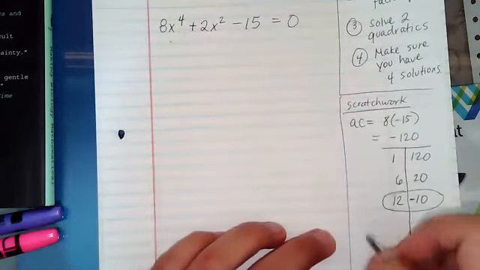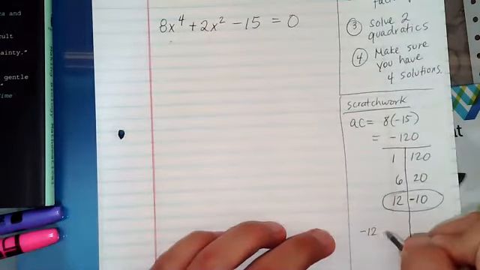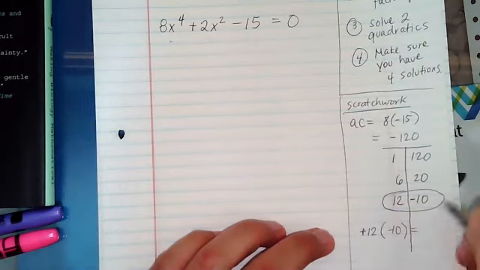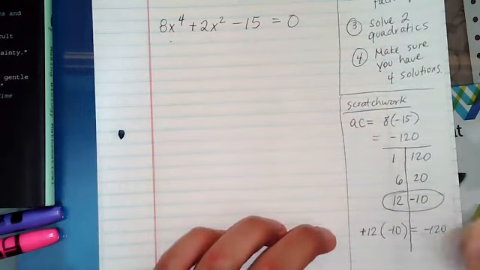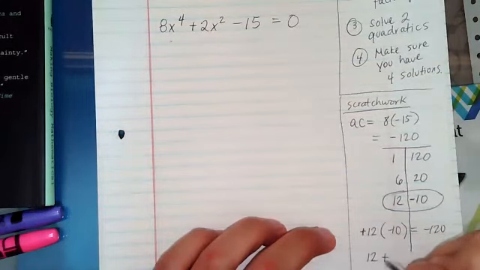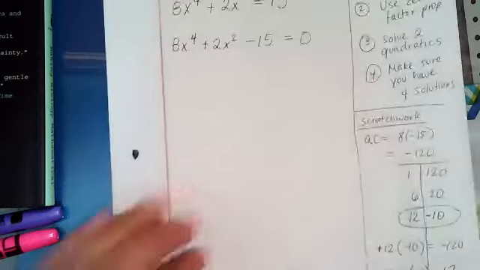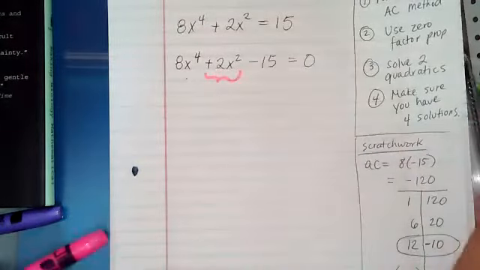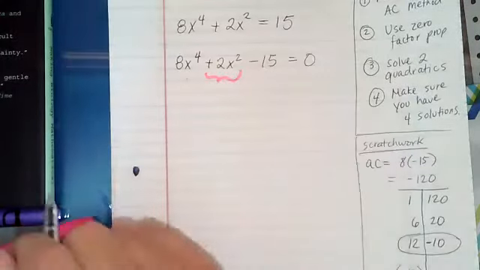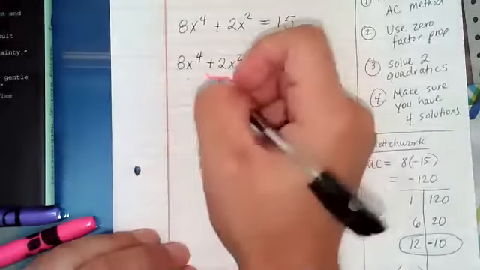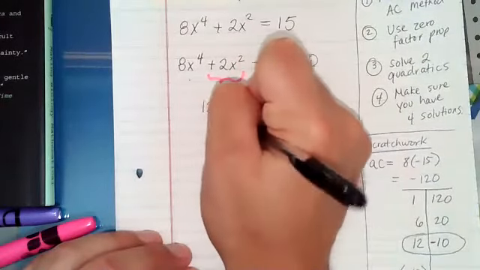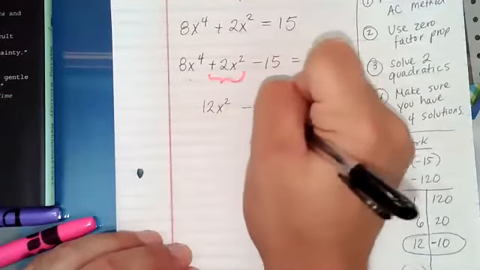So those two conditions are that positive 12 times negative 10 does give you the negative 120, and also 12 plus negative 10 gives you the positive 2. So we can go ahead and break this middle term up. Remember, the middle term gets broken up into, it doesn't matter what order you put this in, 12x minus 10x.